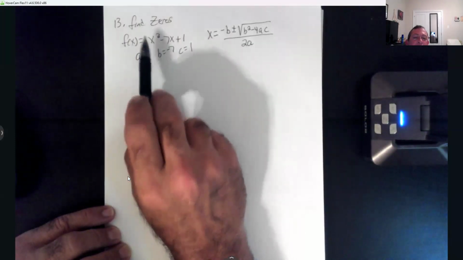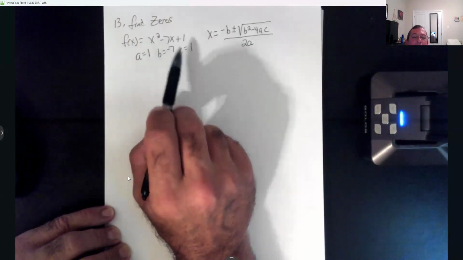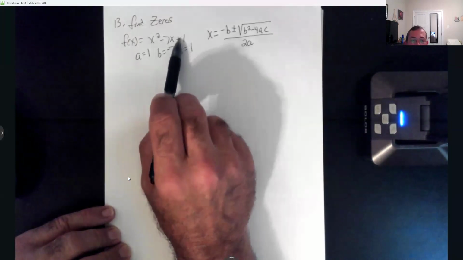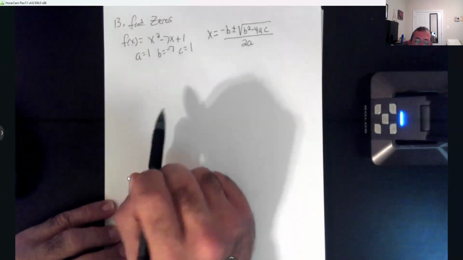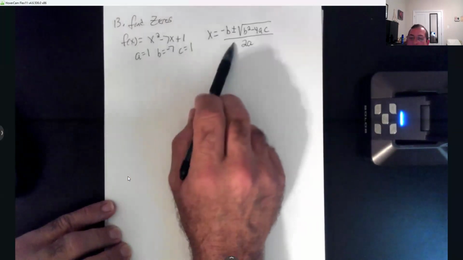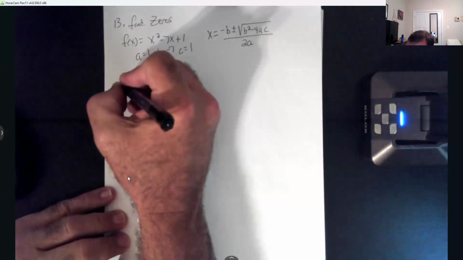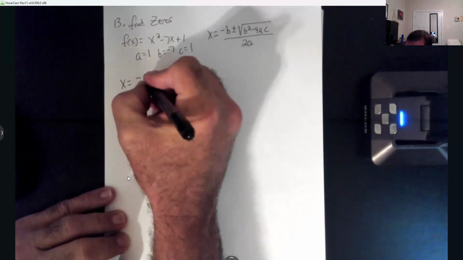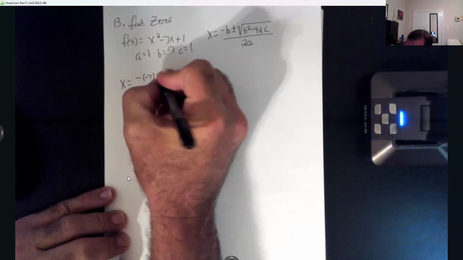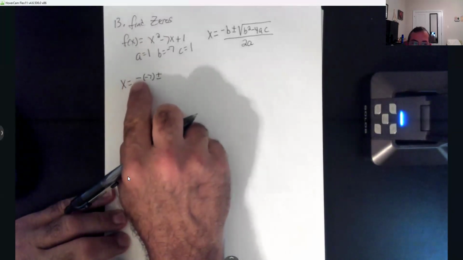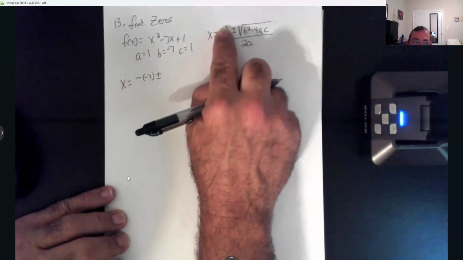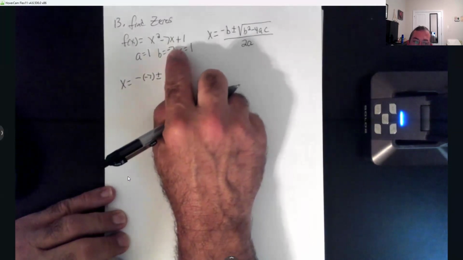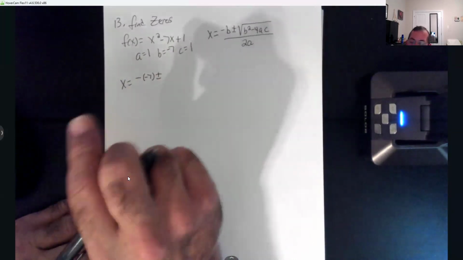So A is in front of the x squared, B in front of the x, C is the constant number at the end. All right, y'all, so let's plug it all into this and see what we get. So negative B, which is negative 7, plus or minus. So y'all, it's really important that you put down the negative in the formula and then the negative for your number. You got to have them both.